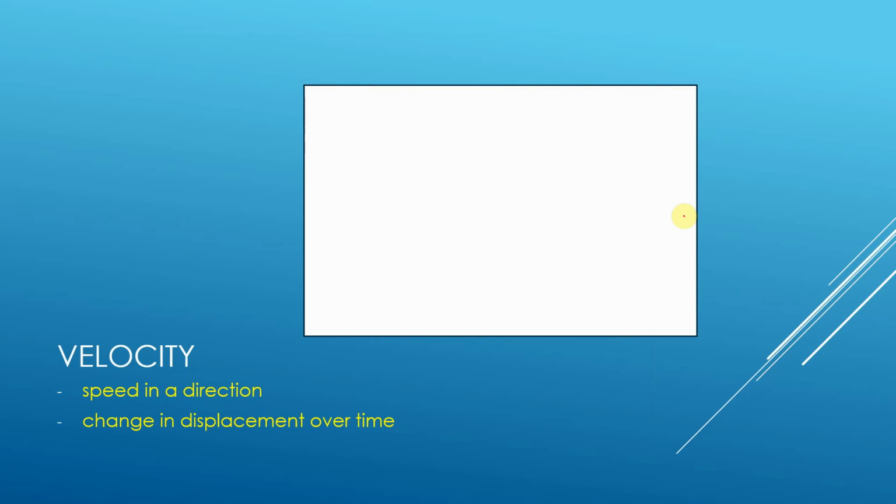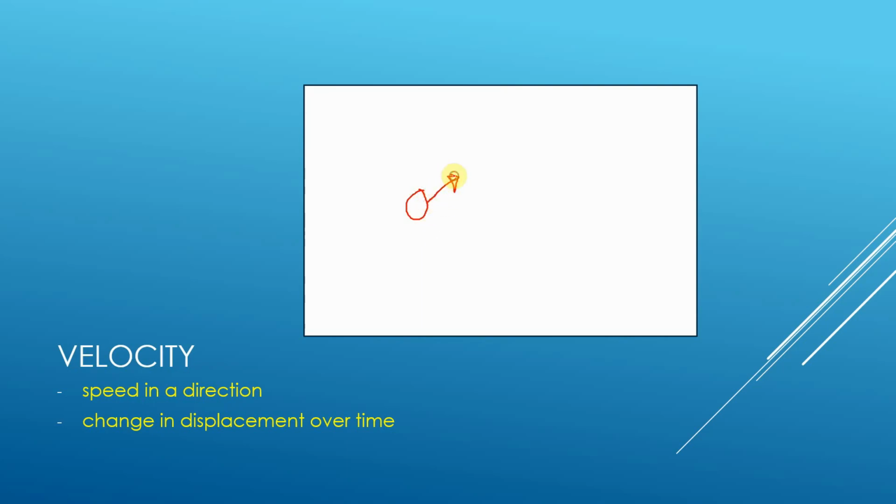Velocity. You can talk about velocity as being a speed in a direction. Again, I can talk about speed as 100 kilometers an hour, whereas 100 kilometers per hour east is a velocity. For programming, it's easier to talk about it as a change in displacement over time. So again, this guy is moving.